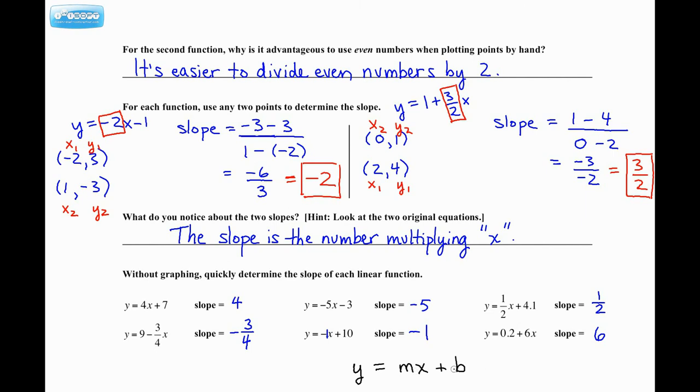These two terms here might be flipped around, but in this case, the number multiplying x, that represents the slope. We're going to learn about what this b represents here, but I'm not going to deal with that right now. So if you see an equation of this form, the number multiplying x, which we'll call m, that is the slope.